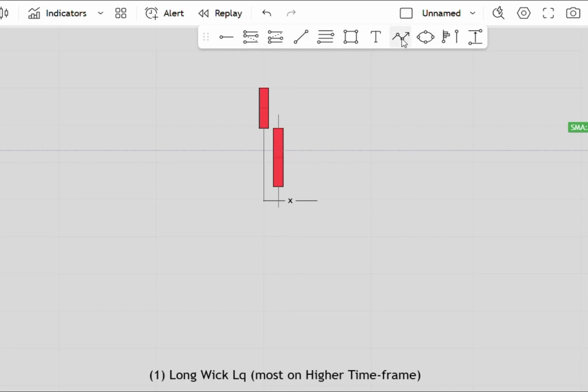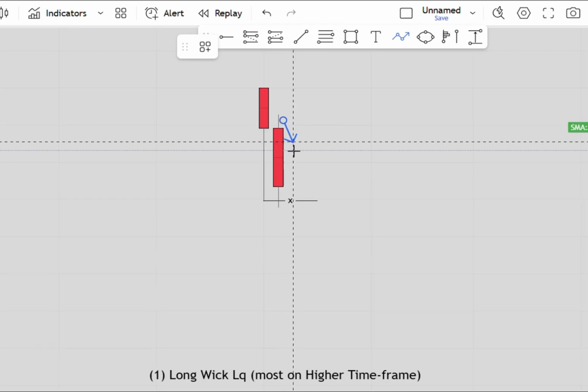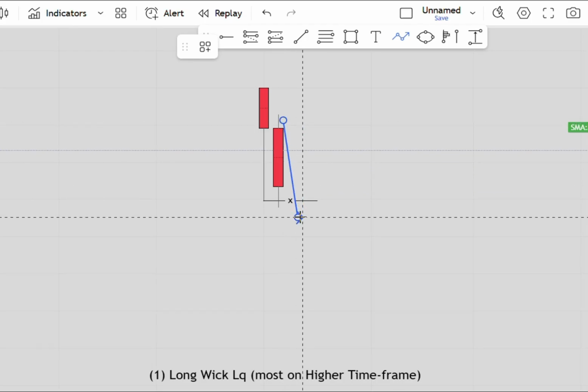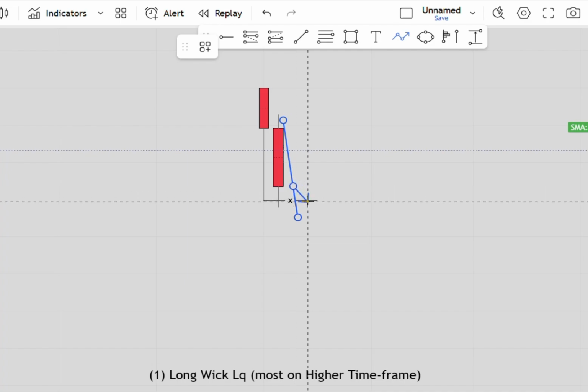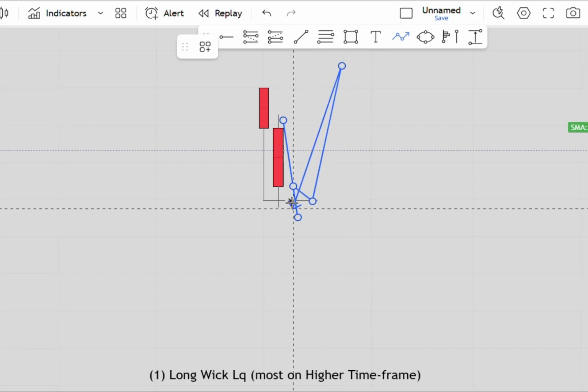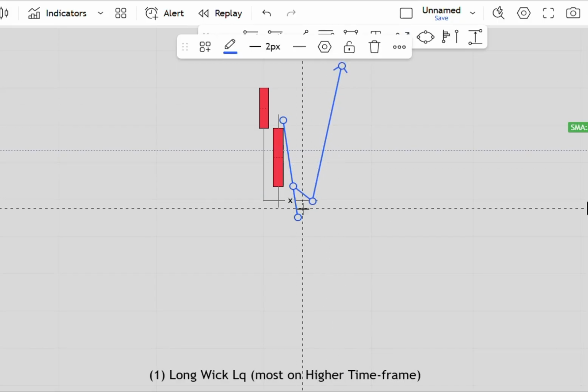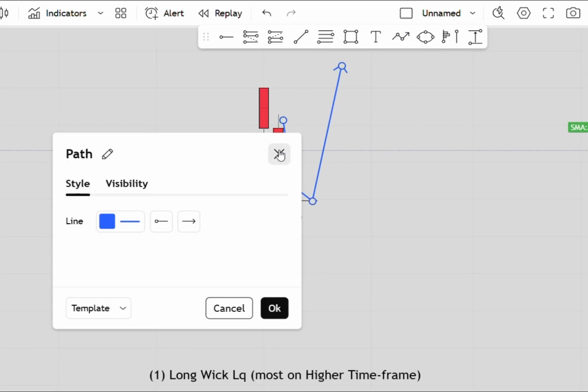So this is what I will expect from the market: to sweep here, then close first, then maybe retest this zone again before continuing the buy. So this is what I will look for in the market.